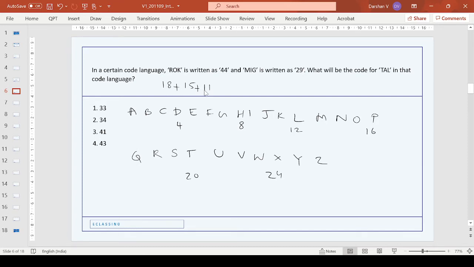So 18 plus 15 plus 11 will give us 44. No need to check for make, but even if you check, it will come as 29. Now for TAL, we just need to add this up. TAL will be 20 plus 1 plus 12, 21, 33, which is our answer.